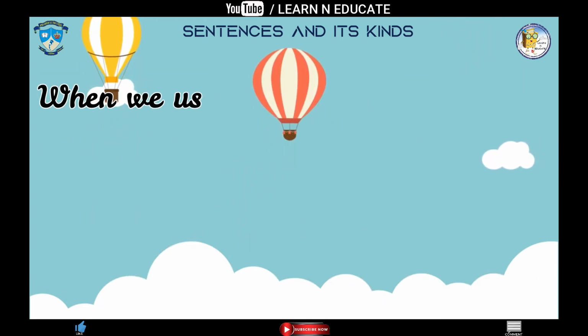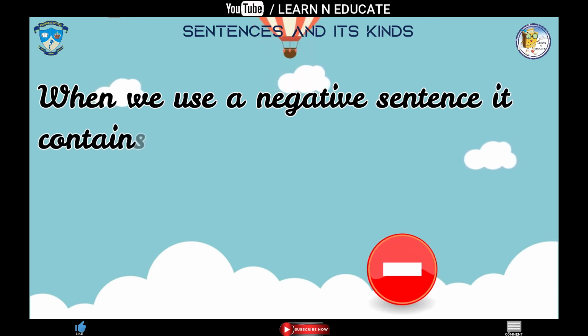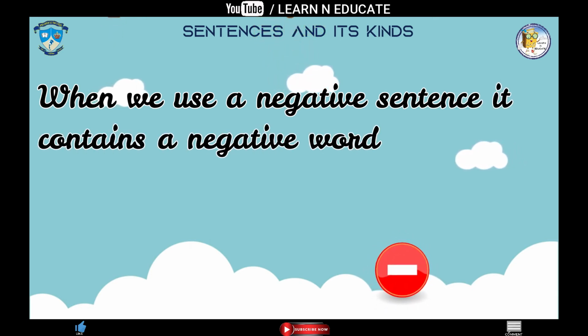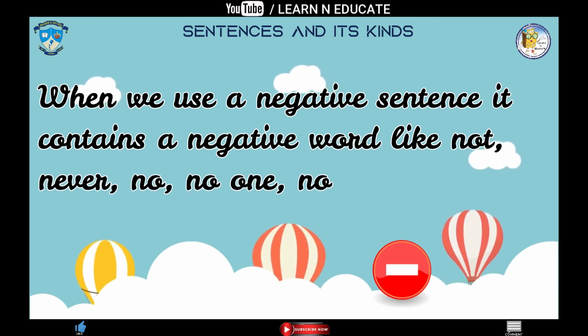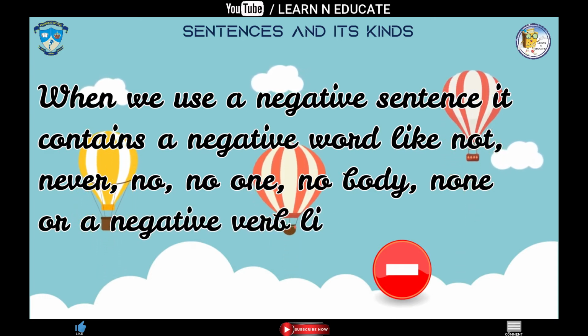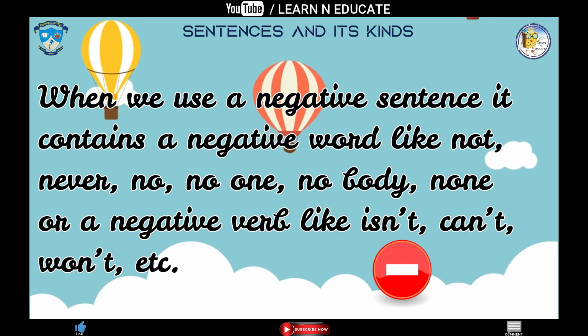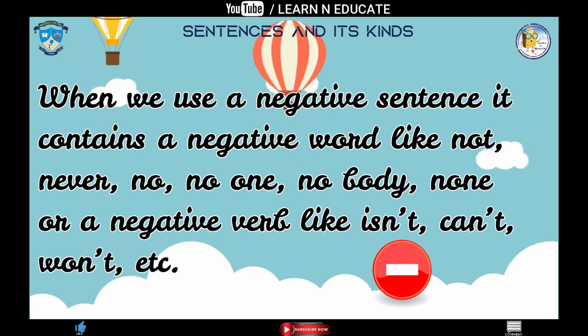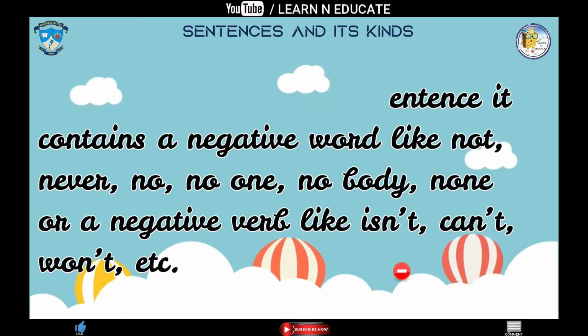That means when we use a negative sentence, it contains a negative word like not, never, no, no one, nobody, none, or a negative verb like isn't, can't, won't, etc. So here in the sentence, we have the word not. That shows us that the sentence is a negative sentence. Hope this much is clear to you.